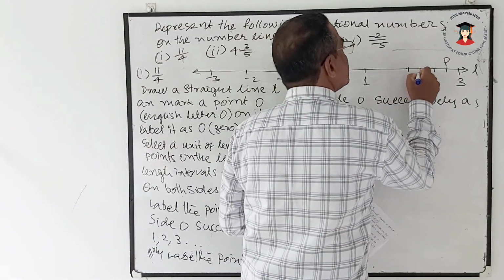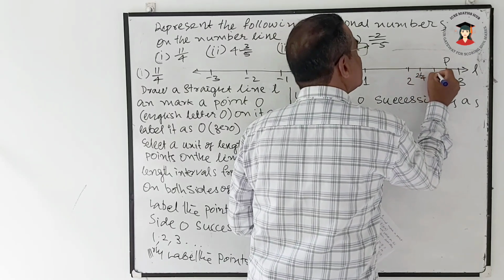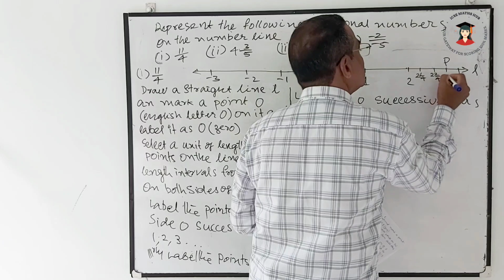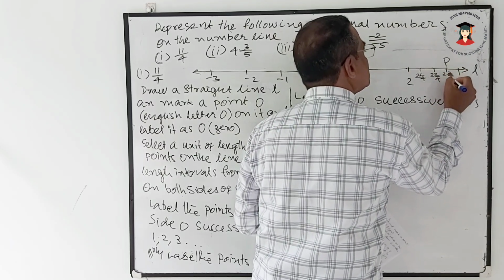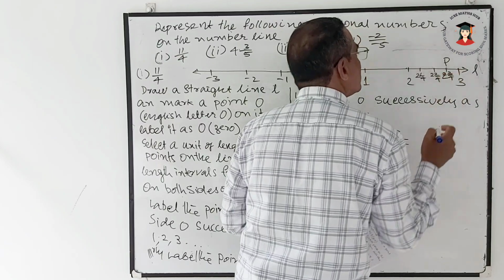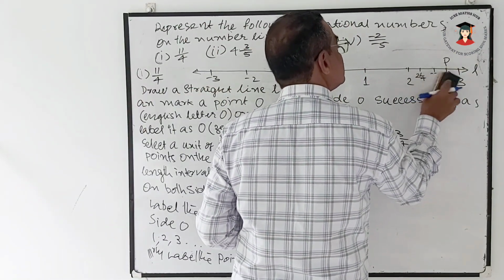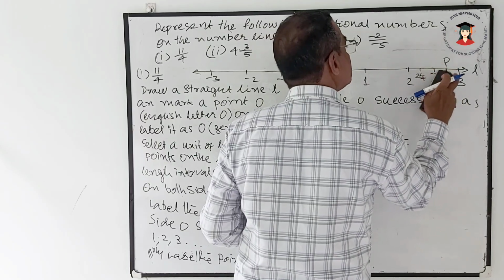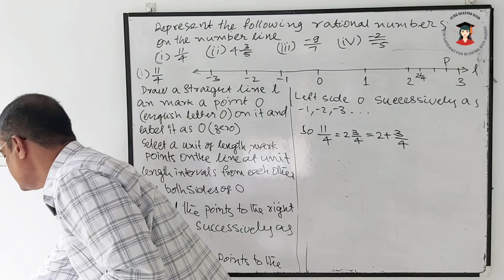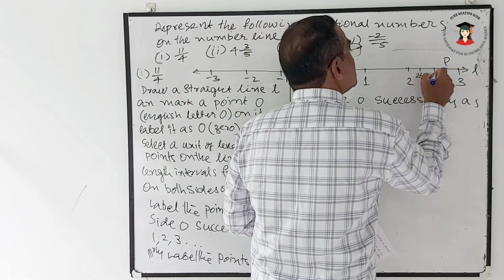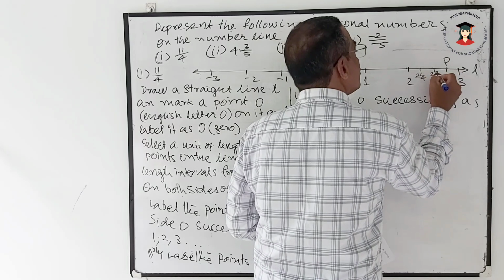This is 2 and, we can mark it here, 2 and 1 by 4. This is 2 and 2 by 4. This is 2 and 3 by 4. Two and 2 by 4.